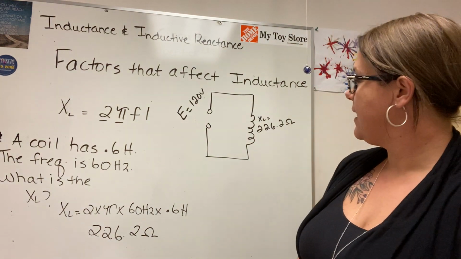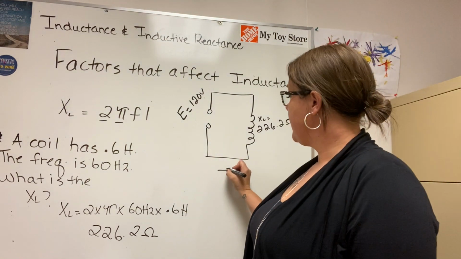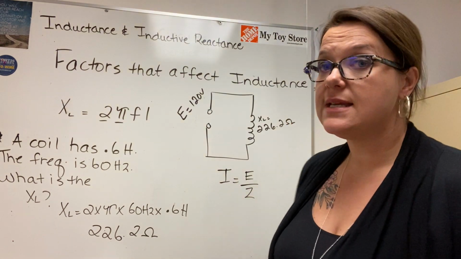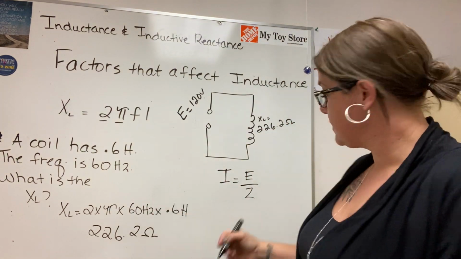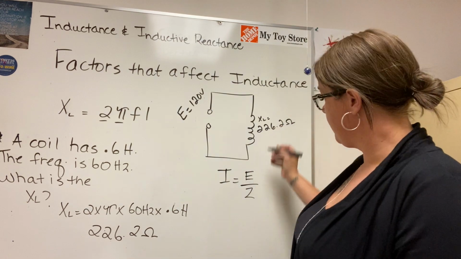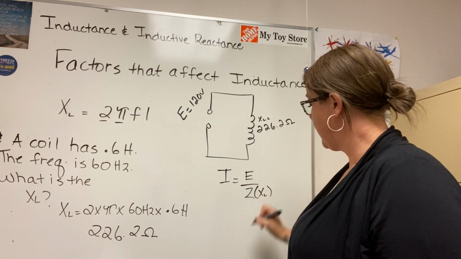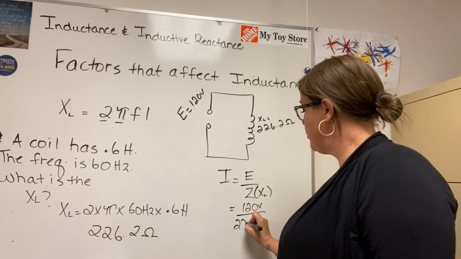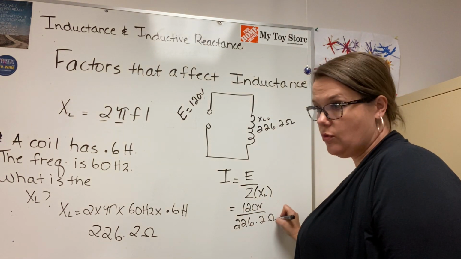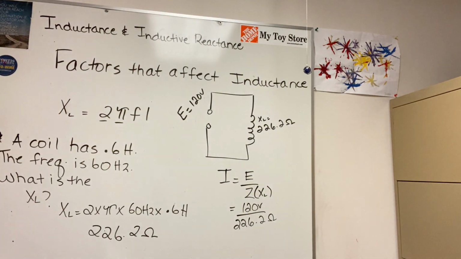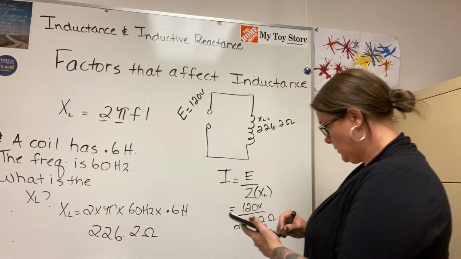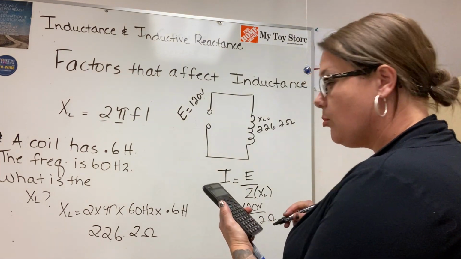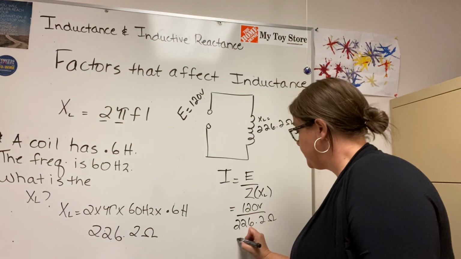So in my AC circuit, I equals E over Z, Z for impedance. Because it's purely inductive, I can replace my Z with my XL in this case. So 120 volts divided by 226.2 ohms gives me a current of 0.53 amps.